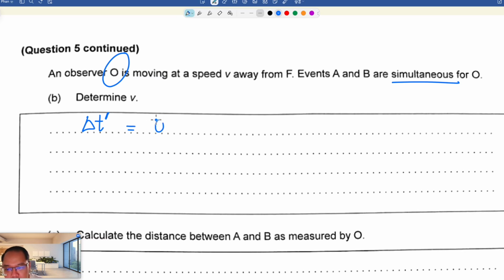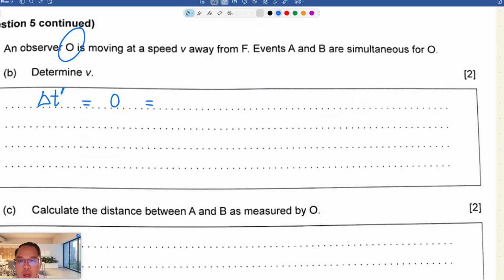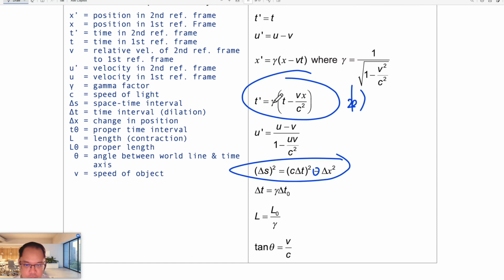Okay. And to write the expression of this time difference, we need to use this formula for part B. Note that in this formula sheet, this is the transformation of the time from one reference frame to the other, prime reference frame, like a spaceship moving with a certain speed comparable to the speed of light.